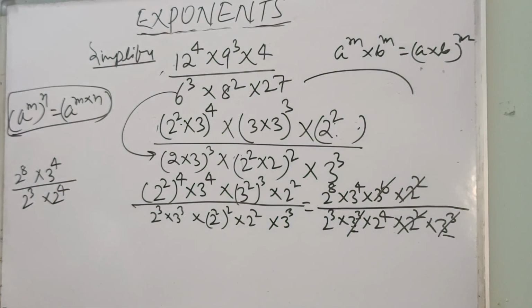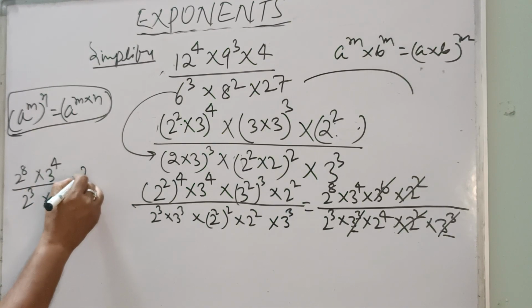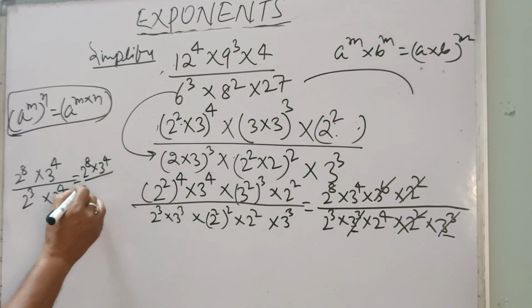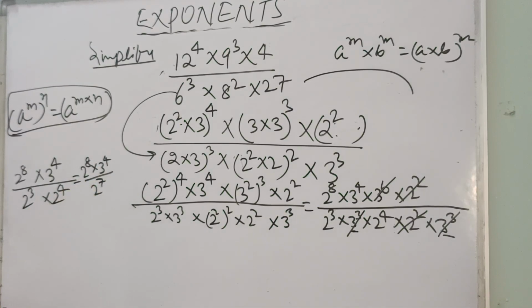Okay, now just see, the powers are 3 and 4. These are multiplication, so 3 plus 4 is 7, and the 3 power is left. So we can write 2 to the power 8 and 3 to the power 4 upon 2 to the power 7, right?